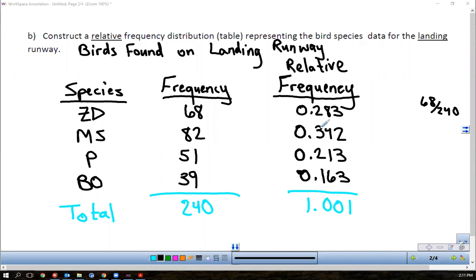Relative frequency could be a fraction, but usually we don't see it as a fraction because when we graph it, we want to use decimals. It could just get too messy, especially if in the future we'll start comparing stuff. And then you might have 240 as the denominator on one, but 180 as the denominator on the other. The decimals just kind of even the playing field. Good question.